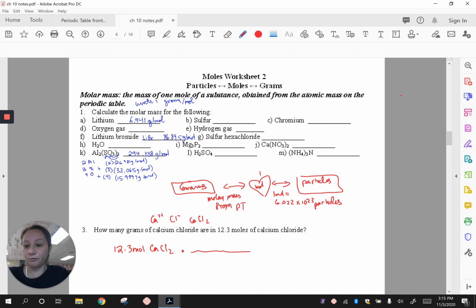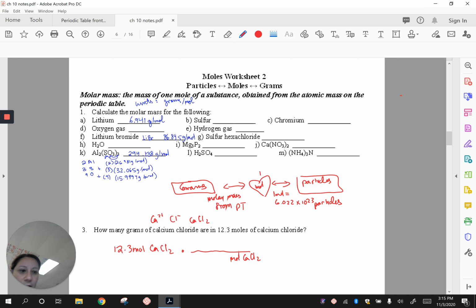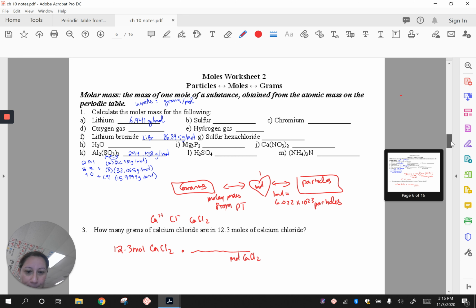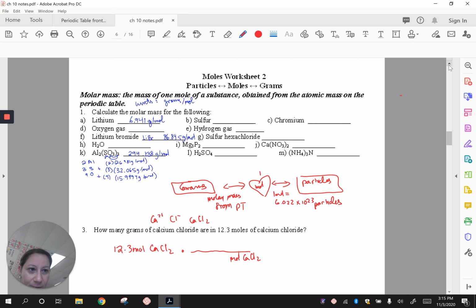We're going to do a conversion factor next. On the bottom here, you want the same units that are here to be there so they cancel. So you want to write moles of CaCl2 on the bottom here. And, oops, I'm sorry.